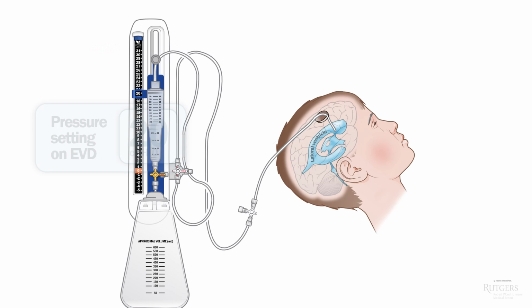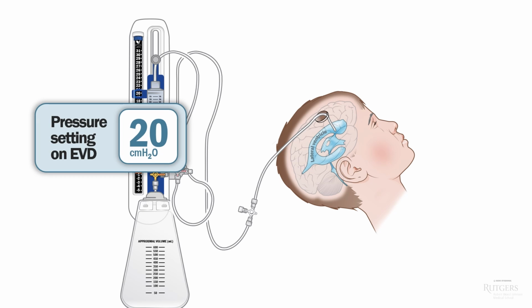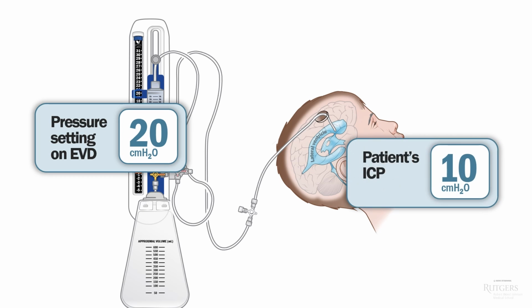Currently, our system is set at 20 centimeters of water. Let's say the patient's intracranial pressure is currently normal, about 10 centimeters of water. CSF drainage depends on the difference between the intracranial pressure and the pressure needed to exit the collecting system, which is defined by the height of the drip chamber. Because physics.